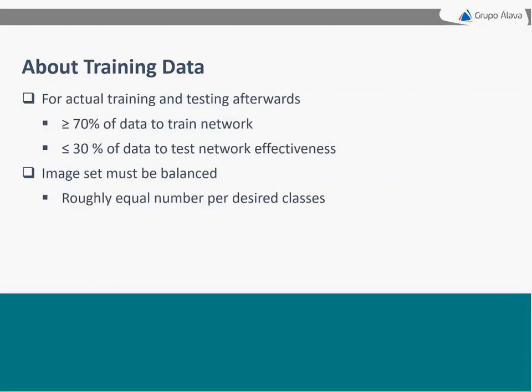Once we have all the images that we want to classify, we have to split them into training images and testing images. Here we should use equal to or more than 70% of the images to train the network, and 30% or less to test the network's effectiveness.